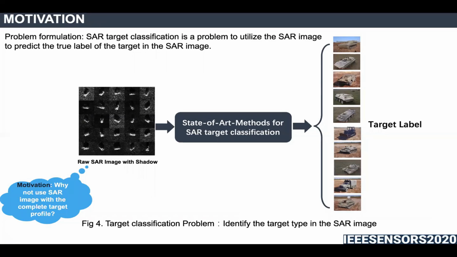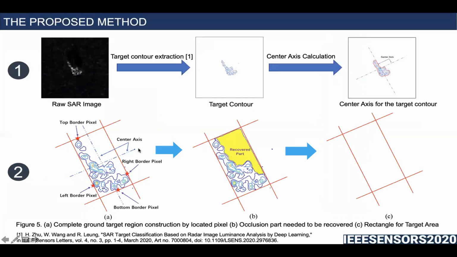The state-of-the-art methods only utilize the raw SAR image with shadow to finish the whole task. So our question follows the motivation: why not use a SAR image with a complete target profile, which means a target image without a shadow? In that case, we propose our method.